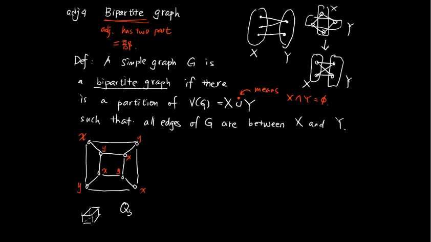So in fact, if it is a bipartite graph, then it should be quite easy to recognize which part is X and which part is Y. And moreover, as long as the graph is connected, this partition is unique. You just pick one, and then everything adjacent to this one is going to be on the other side, and everything adjacent to the other side is going to be on the first side.